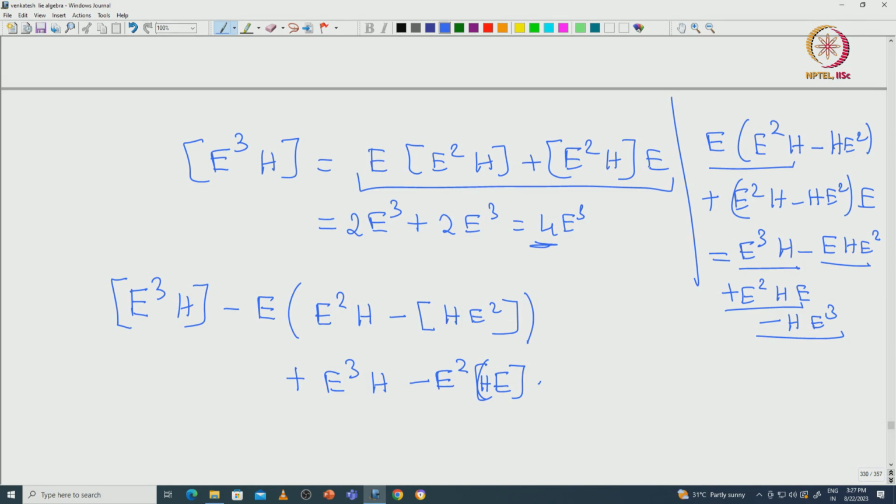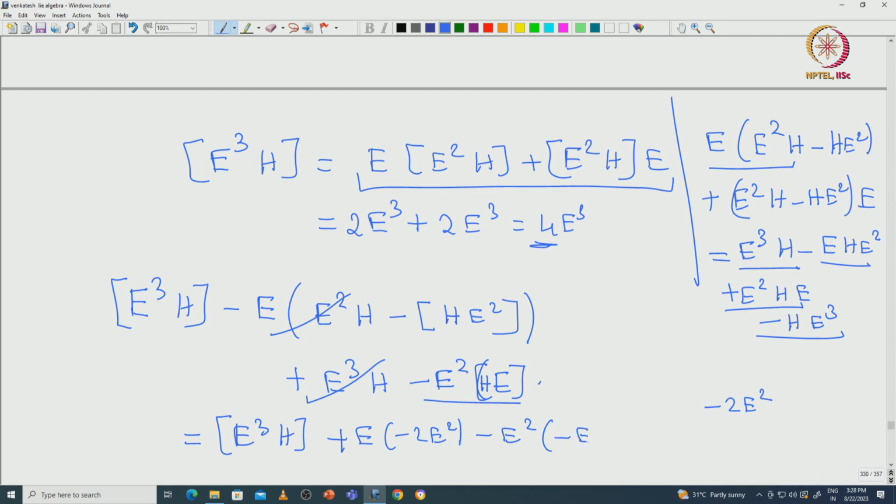You can see that this and this will get cancelled. So you get E cube H plus E times H E square. So H E square is minus 2 E square, and then this term will be minus E square. So again H E will be minus E.